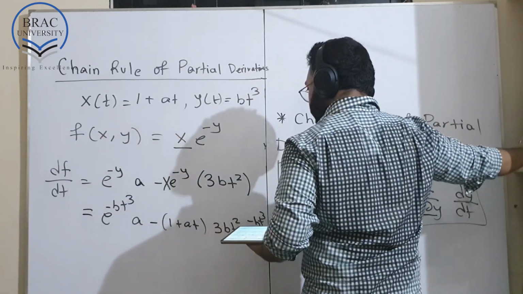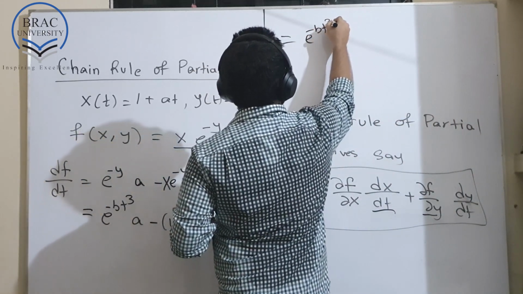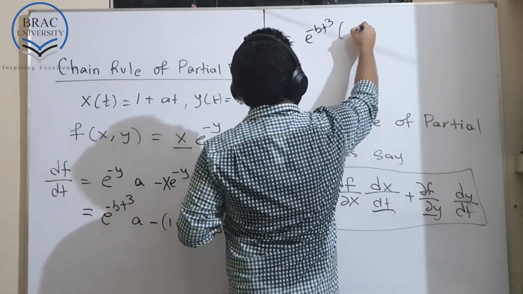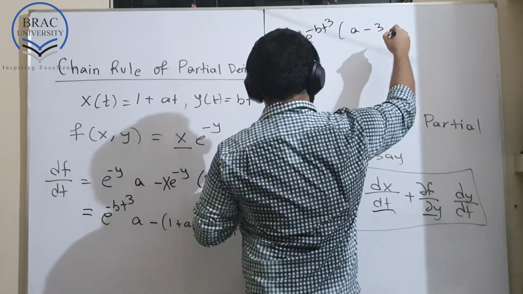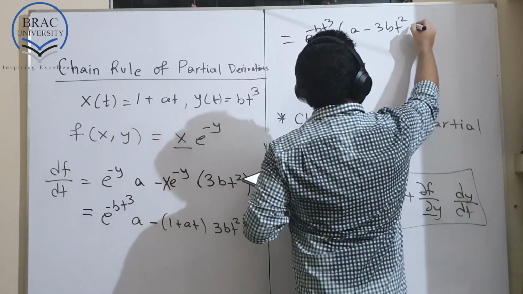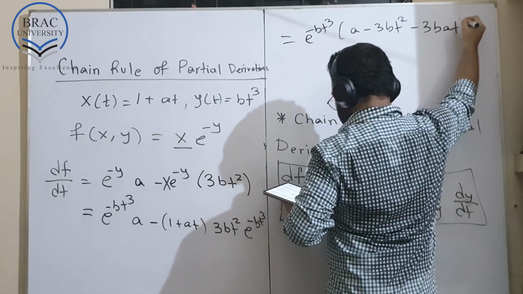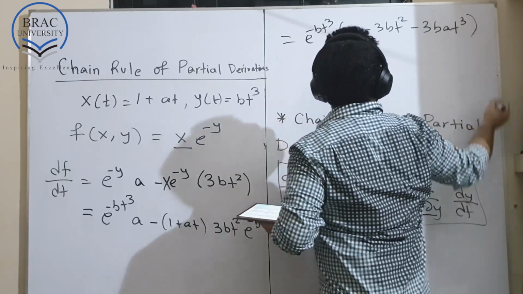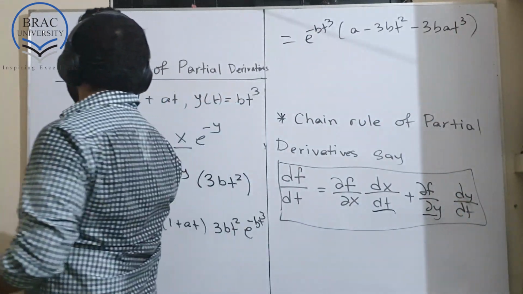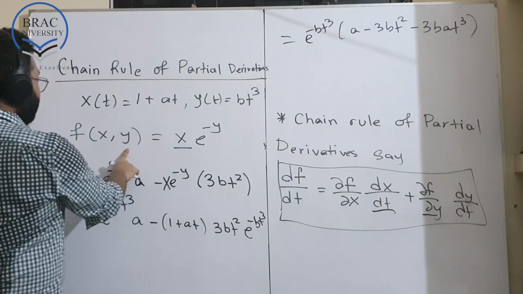If we factor out the exponential term, we are left with a minus 3bt squared minus 3abt cubed. So this is an example of the chain rule for a function of two variables.